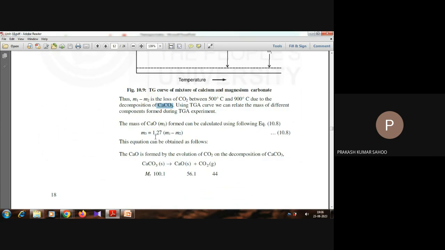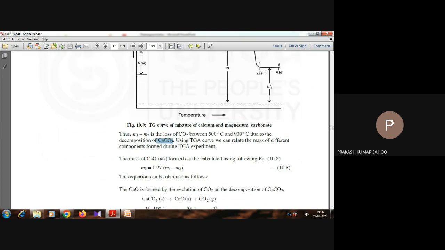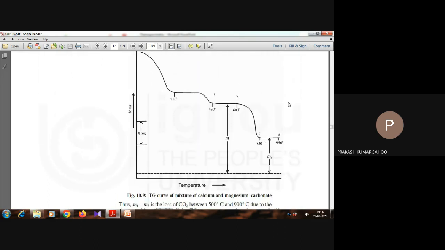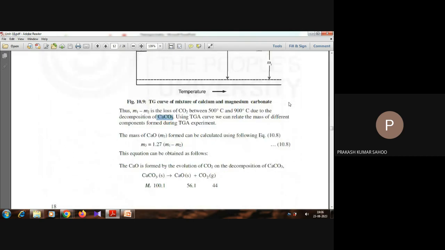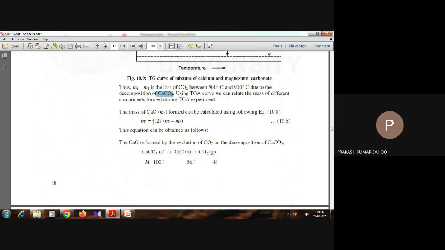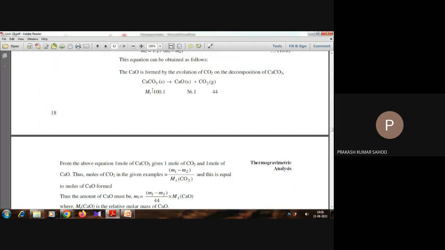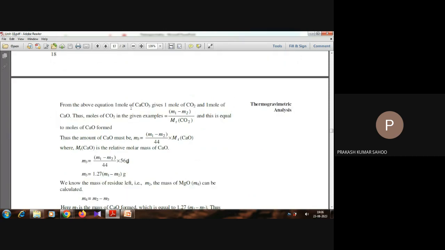Then we have the mass of calcium oxide, that is M3. It is equal to 1.27 into (M1 minus M2). So this will be the equation. Again, this is the same reaction, 100, 56 and 44. One mole of calcium carbonate contains one mole of carbon dioxide.